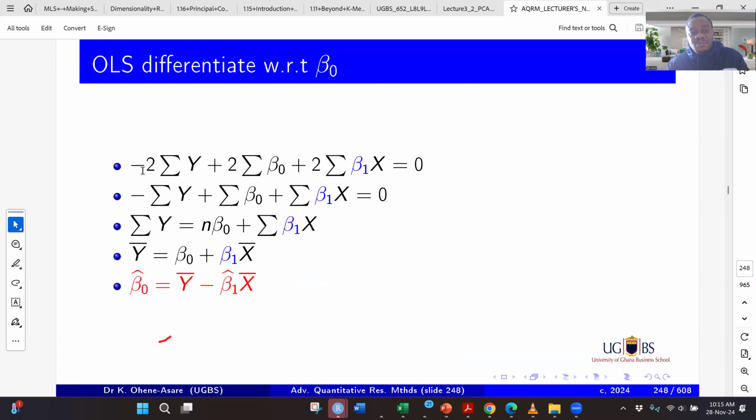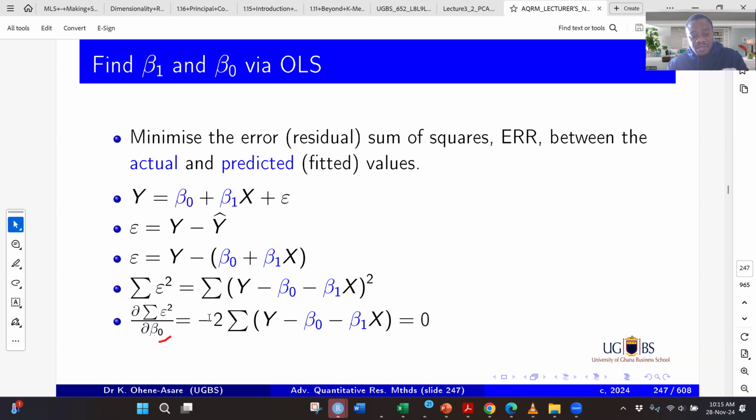So this is what I just did. You multiply each one by that, you divide both sides by the -2, and they are all gone. So if you look at here, if I divide both sides by -2, or even if you apply the -2 to all of them, you're going to have -2 summation y plus 2 summation beta naught, then plus 2 beta 1 summation x.